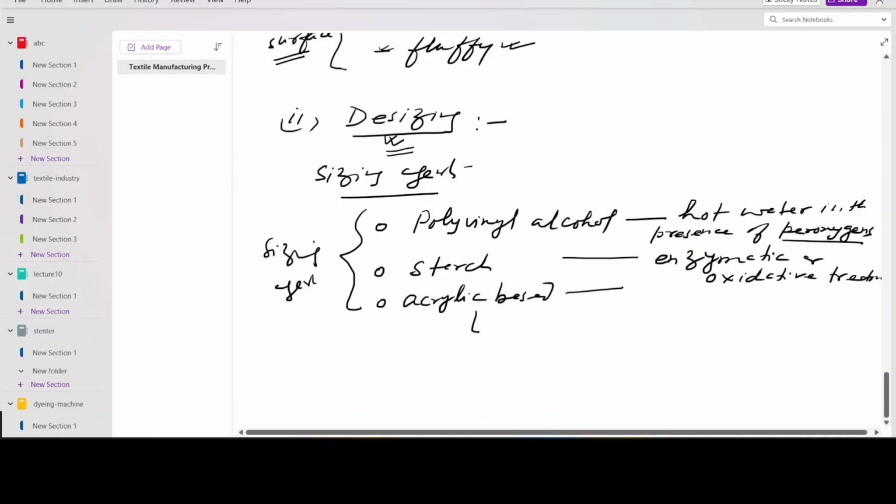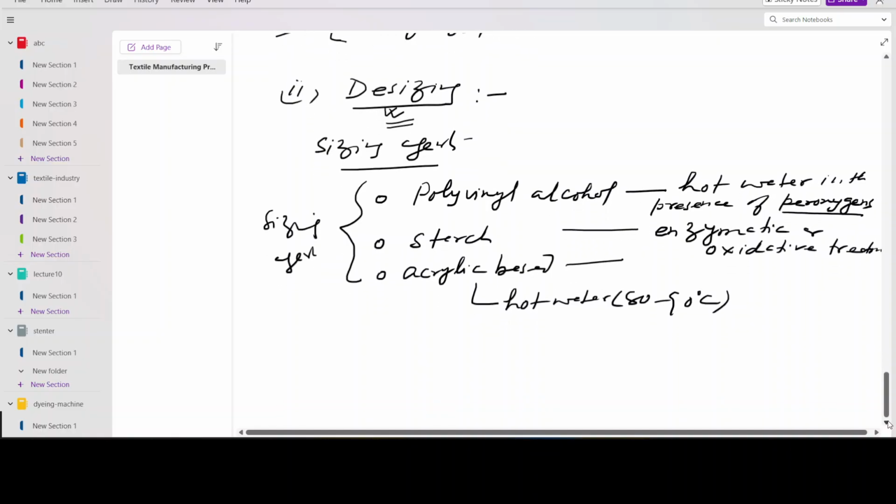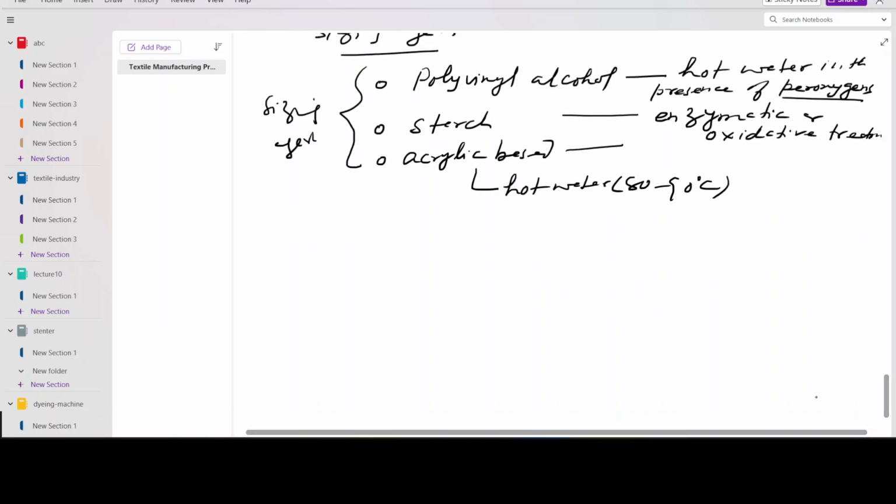And for acrylic based sizing agent, it is removed using hot water at 80 to 90 degrees centigrade. So desizing is the process of removing sizing agents applied during the weaving process.